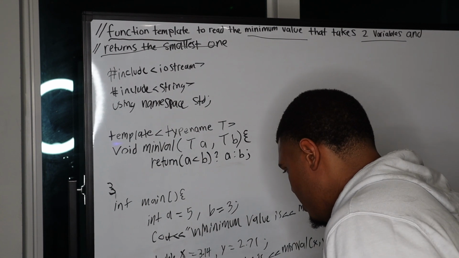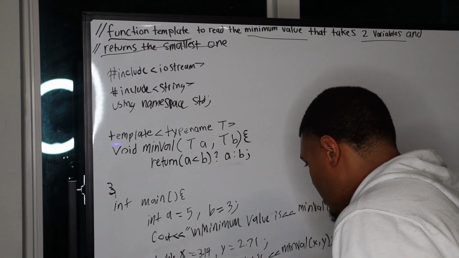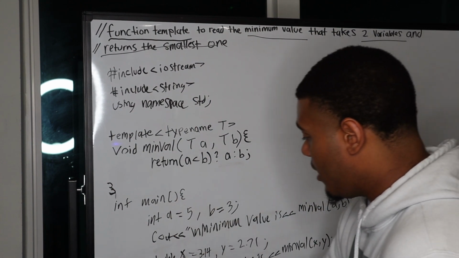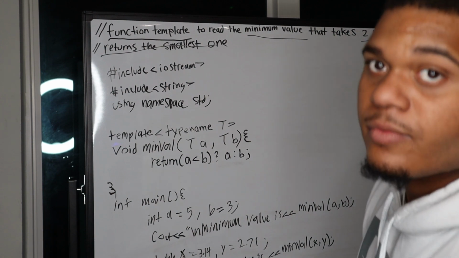And we can return 0 because we're returning from the main function right there, and close our curly bracket right there.